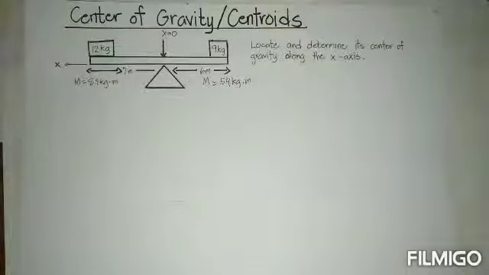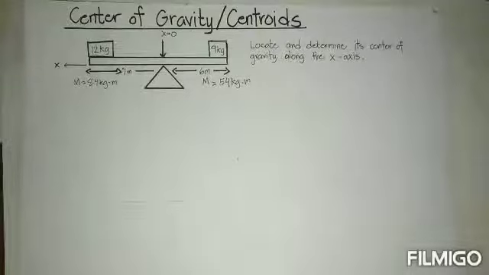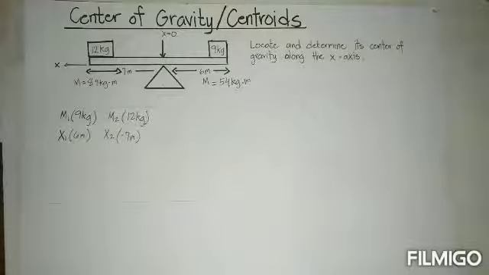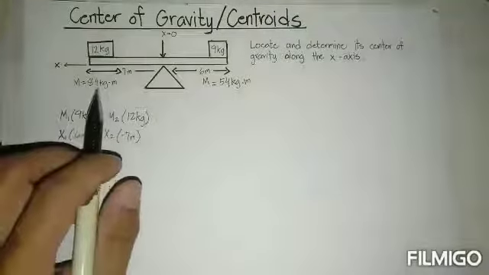So the moment about the origin is the moment of each mass. Let's denote M1 equals 9 kilograms, M2 12 kilograms, x sub 1 6 meters, and x sub 2 negative 7 since it is on the left side.